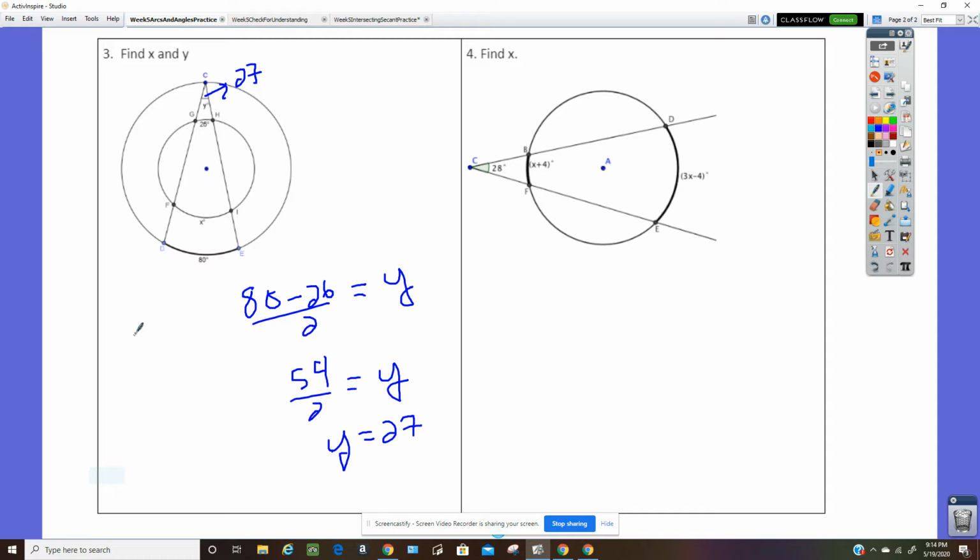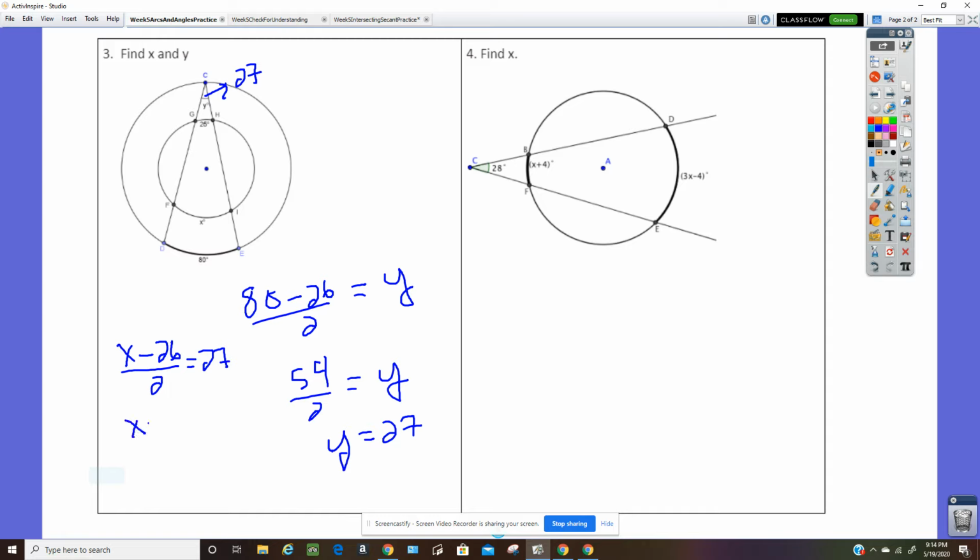And then to find x, so x minus 26 divided by 2 is 27. So we're looking at the smaller circle here.